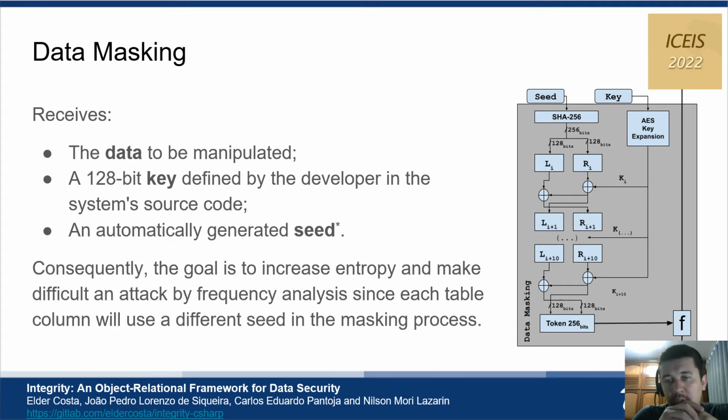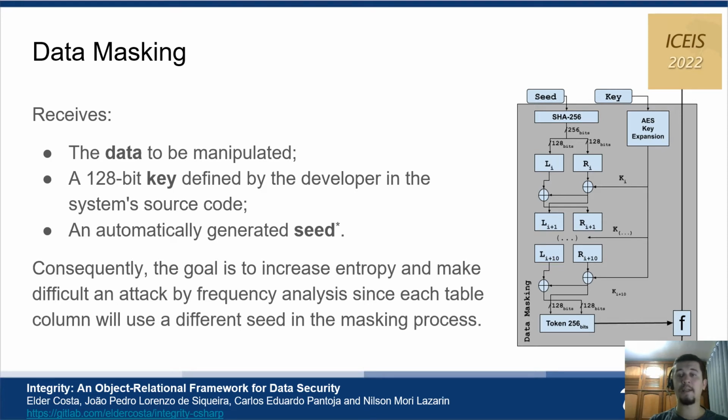The initial seed is also defined at the application configuration, but the table structure and the columns chosen to be encrypted, the Integrity takes the object's properties to make this seed.